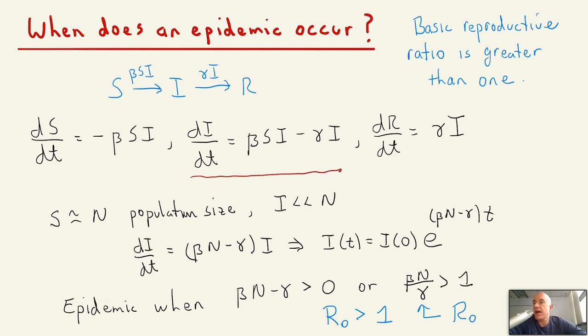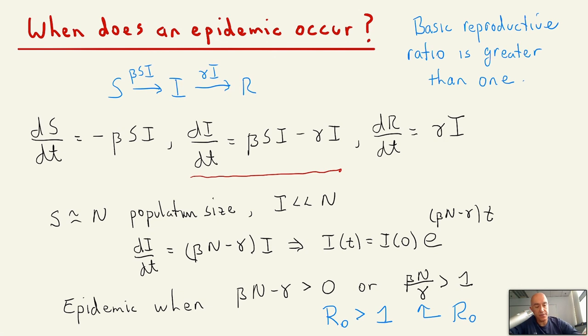There's another biological meaning of the basic reproductive ratio. I won't show you that here, but it is the average number of people that one infective person will infect. So if one person who gets the disease on average infects 3 other people, we say that R0 is equal to 3. Okay?